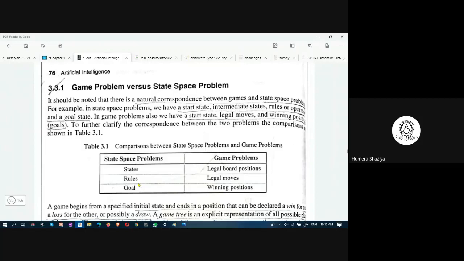A problem would have a start state, a goal state, and a number of intermediate states through which the system would go from the start state up to the goal state. That is a state space problem.